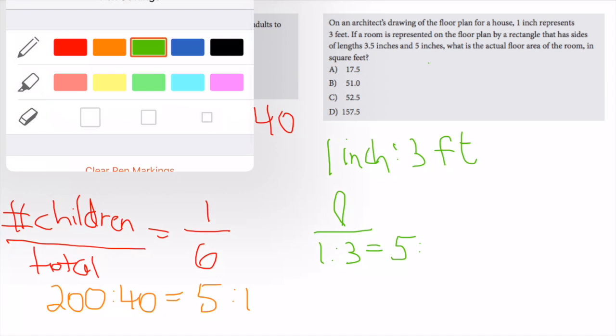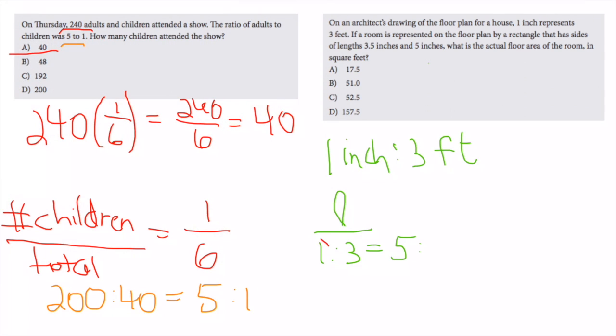Okay, so what I had to do here was multiply 1 times 5. So I will obviously just do the same with the 3, and I'm left with 15 feet. Okay, so this was 1 inch represents 3 feet, so that would mean that 5 inches represents 15 feet.